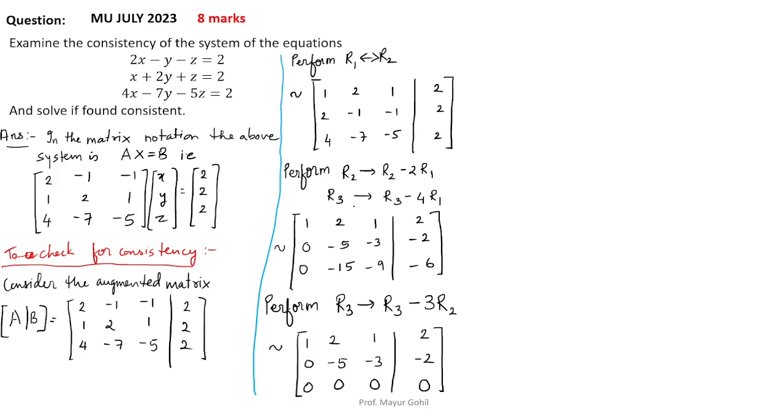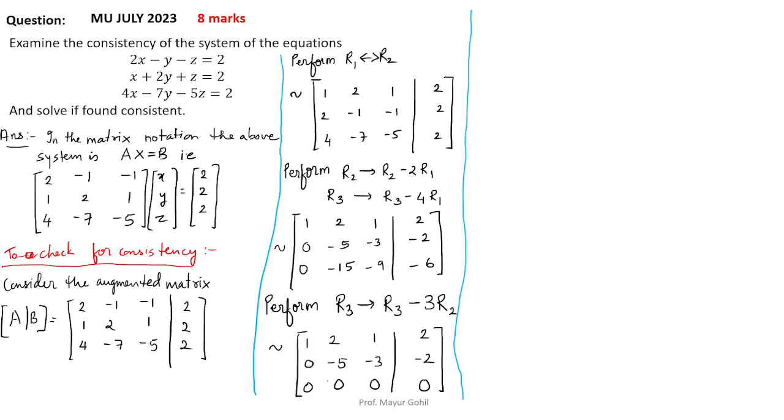So let us see what is the understanding from the calculation we have done, and let us understand if there is anything more to be done. So the matrix over here is this.